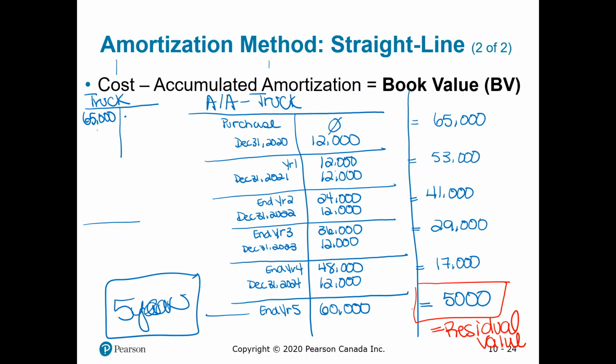So even if, let's say, we estimated wrong and we still use the truck for another 2 years, we just don't record any more amortization at that point. We stop because we think we're going to get this $5,000 once we're able to dispose of the truck. So that's the cost that we want to remain there.